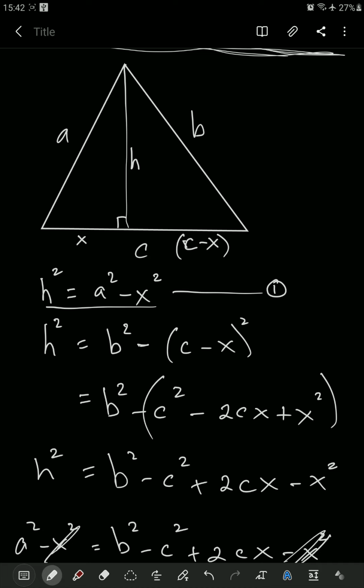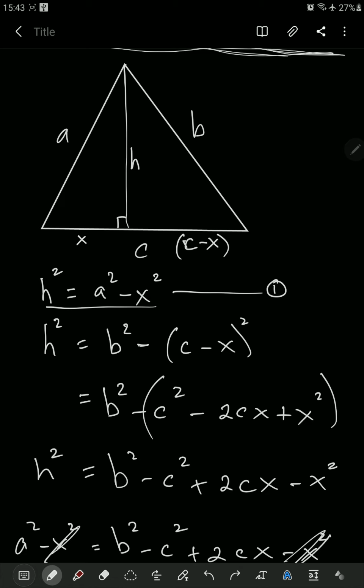So now we can have two expressions for h squared, using Pythagoras, and the fact that the left triangle and the right triangle are both right angled.